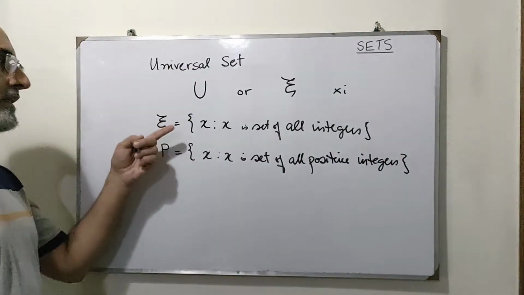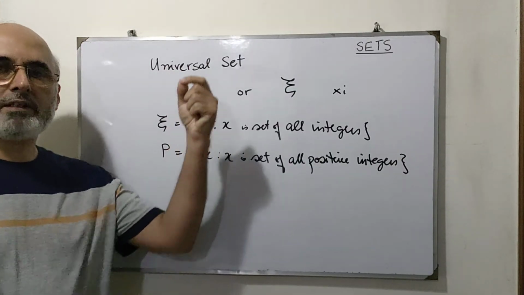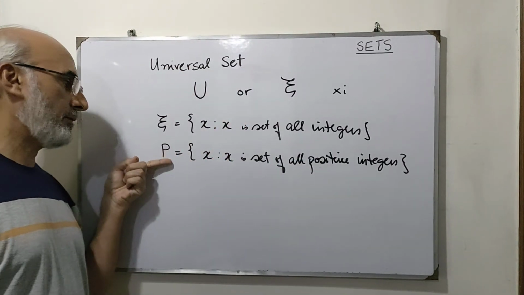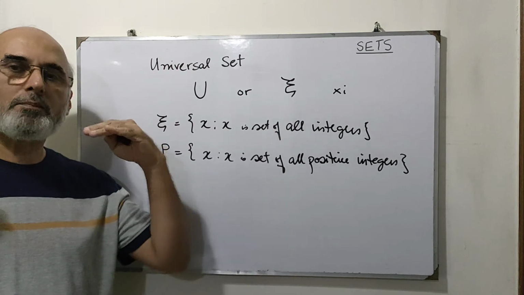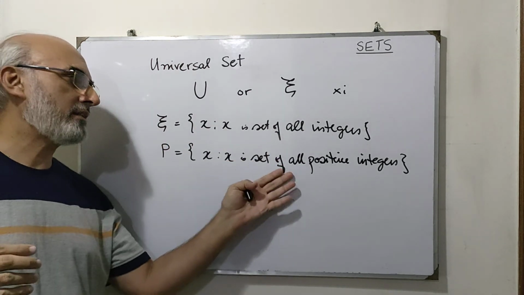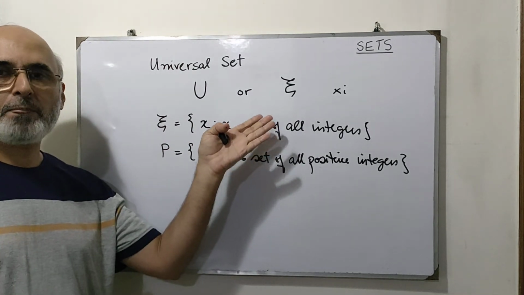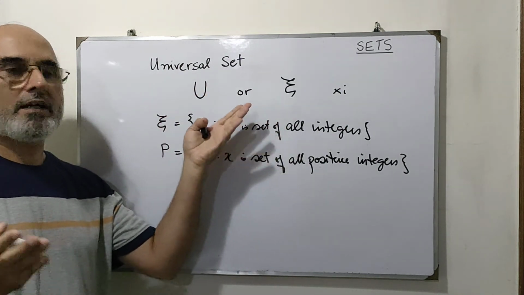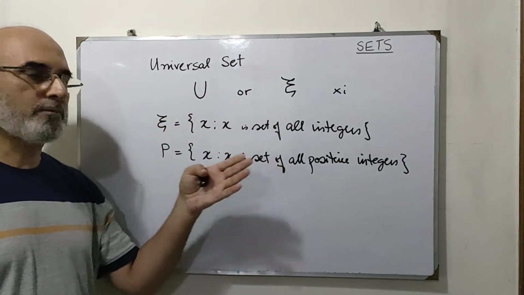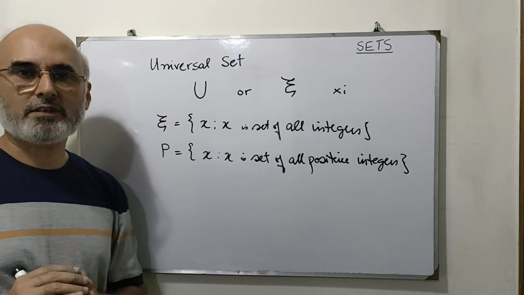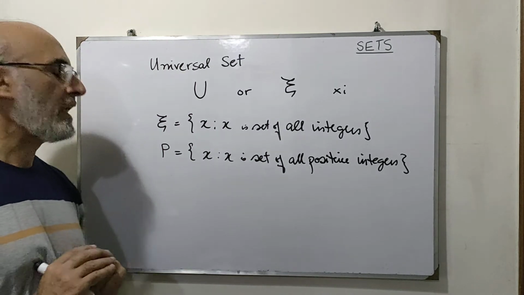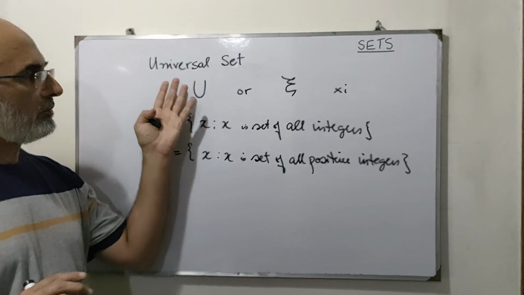Now, obviously, this is a bigger set. It contains negative and positives. When I say P, it's a set of all positive ones. So that means this is part of this. Okay? So this is a superset, like a universal set, and this is part of this universal set.